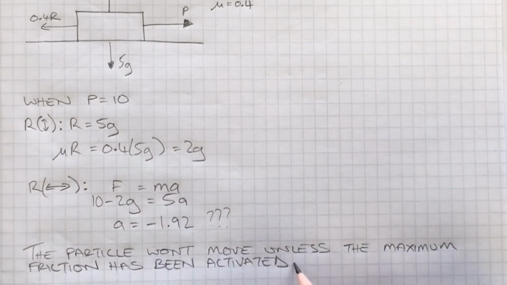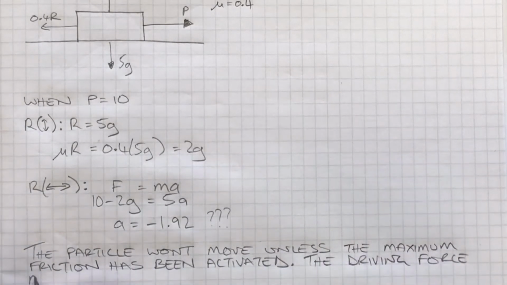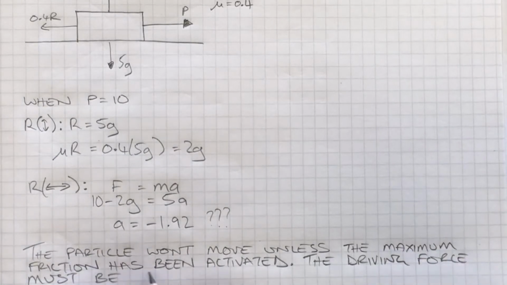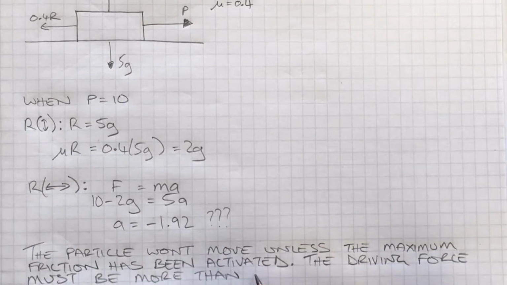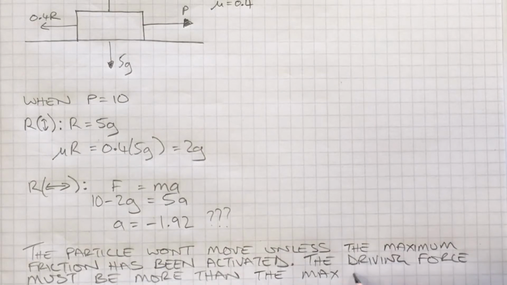So that means the driving force must be larger than the maximum friction for the object to move at all. If the driving force is not larger than the maximum friction, then the maximum friction hasn't been activated. The actual friction that's activated will match the driving force. They are, after all, in equilibrium.